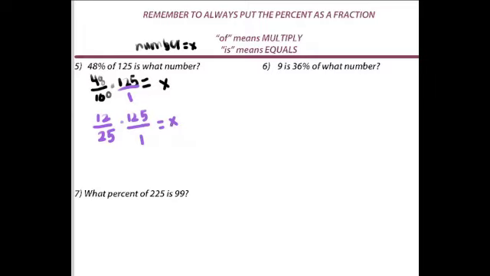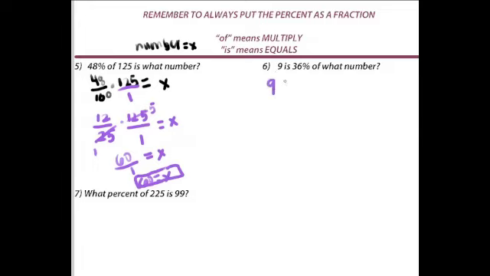So what we can do is, if we do 25 divided by 25, there's nothing left over, so we say there's a 1, okay? 125 divided by 25 is 5, and now we just multiply across. 12 times 5 is 60. 1 times 1 is 1 equals x. But if you don't want to put that 1 there, you can just say 60 equals x, just like that. Okay? Here we go, number 6. Let's just directly translate here.